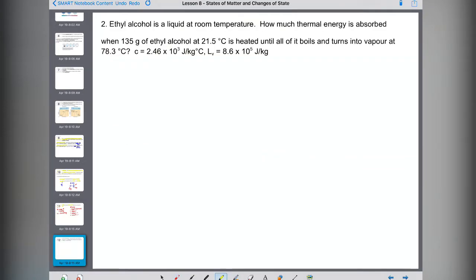Second question. Ethyl alcohol is liquid at room temperature. How much thermal energy is absorbed when you have 135 grams of ethyl alcohol at 21.5, so that's the room temperature, heated until it all boils and turns into vapor at 78.3?